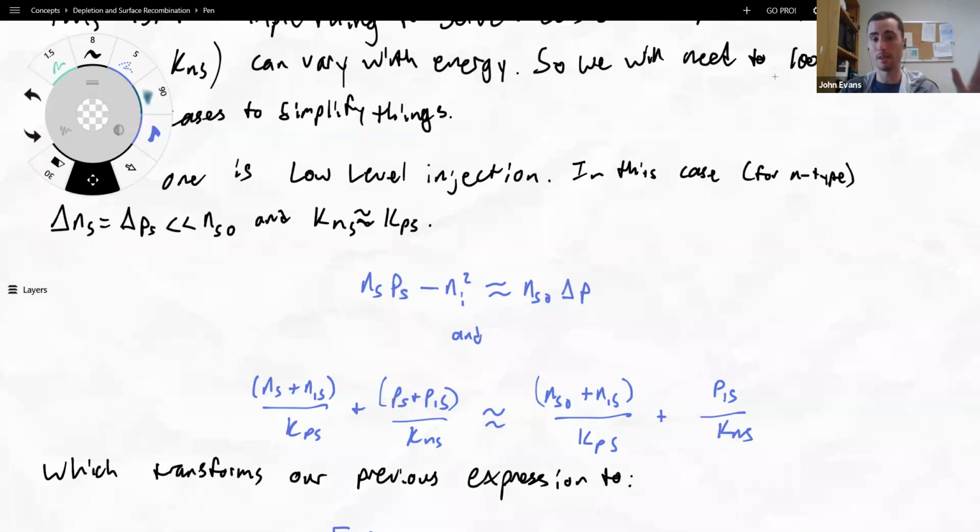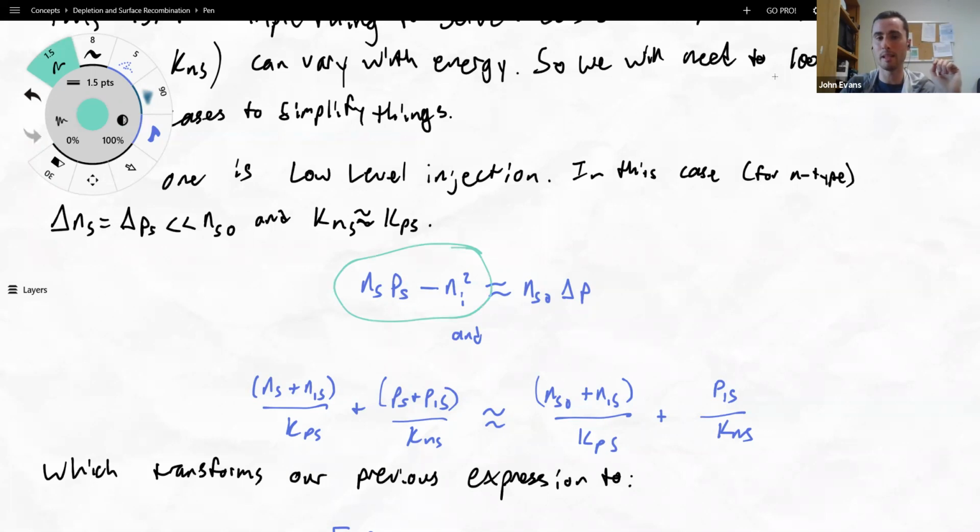So we end up with this expression here, where we have our n times p minus n sub i squared, which remember is non-zero because we are not at equilibrium. We're at steady state with low-level injection. And we're going to say that's approximately equal to the surface carrier concentration at equilibrium multiplied by the change in our holes, so our minority carriers.